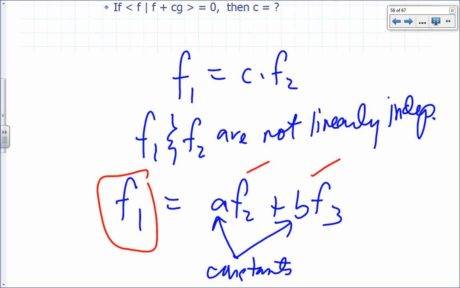Anytime you can write a function as a linear combination of other functions, then that function is not independent of the other functions. And so what we want to do when we specify an eigenbasis or a set of eigenfunctions is list the minimum possible number of independent eigenfunctions for each particular eigenvalue, because everything else for that particular eigenvalue can be written as a linear combination of those degenerate eigenfunctions that we chose.